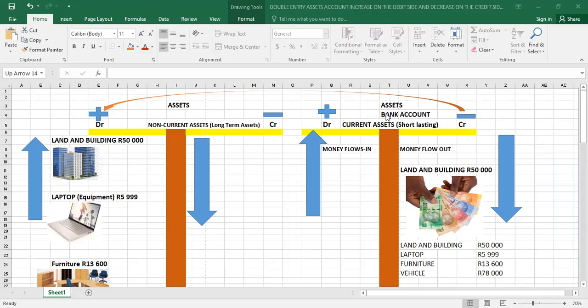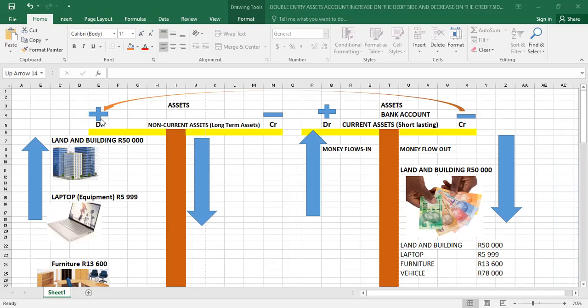Now, the current asset is our bank account, which is classified as a short-term asset. On the debit side of our non-current assets, we are going to be recording the assets that we are purchasing within our business.